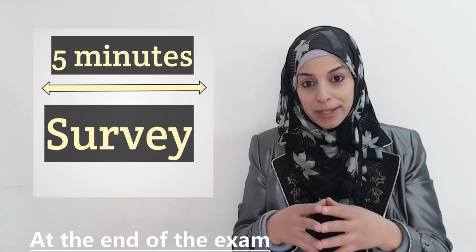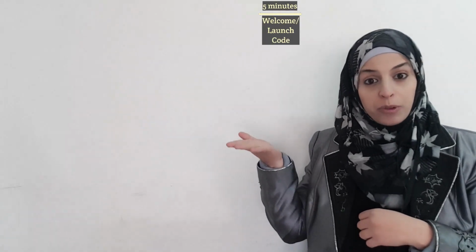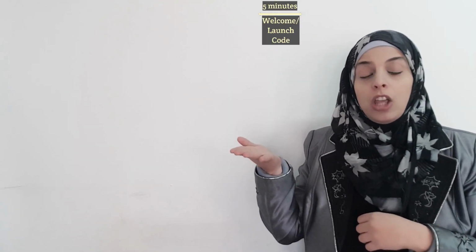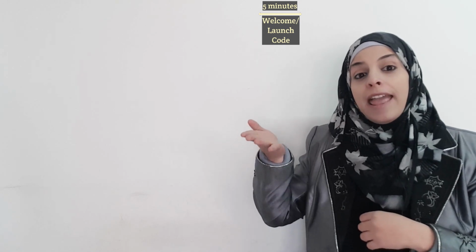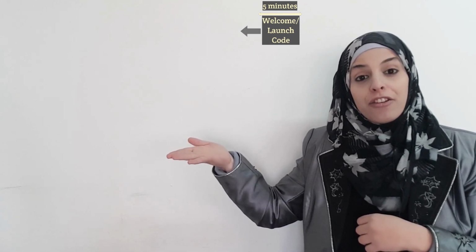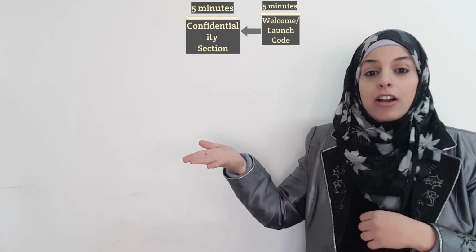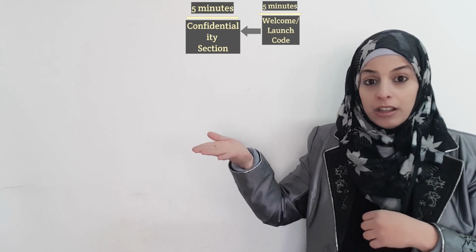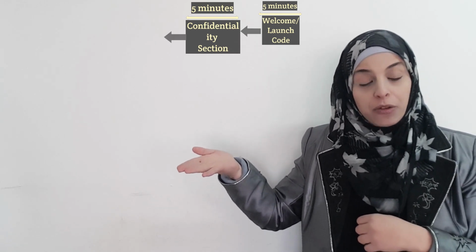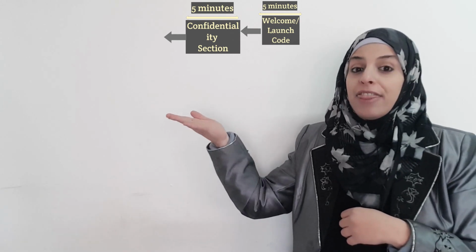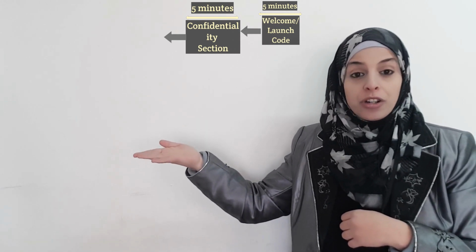So to summarize this process again, you will first have a 5-minute welcome screen, where you put your launch code, and then another 5-minute confidentiality screen, where you agree to the AICPA terms, and then you begin your CPA exam.